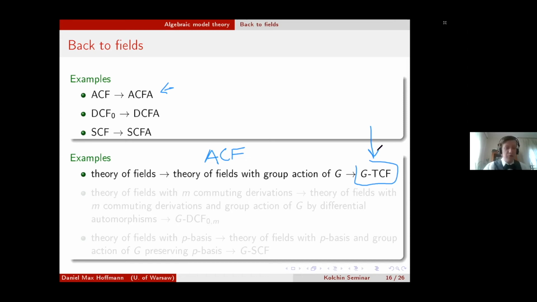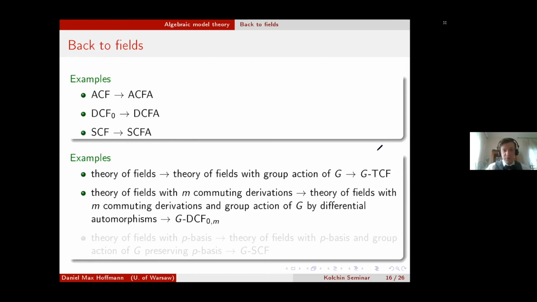So you cannot simply take ACF and add group action of a finite group. You need to take just fields, right, and add group action of group G, and then try to find existentially closed models of structures of this shape, right? So fields, group action, and then existentially closed.